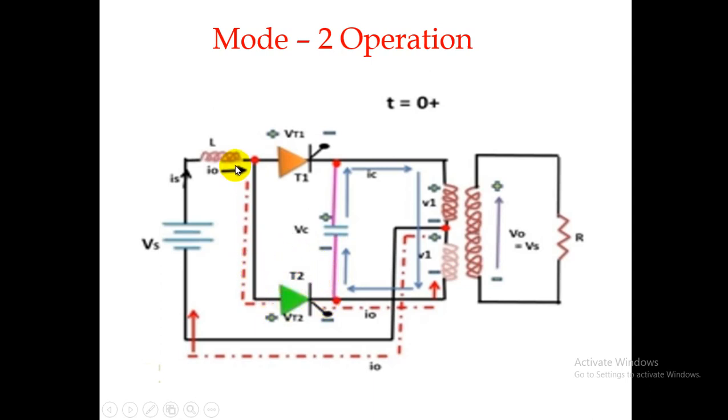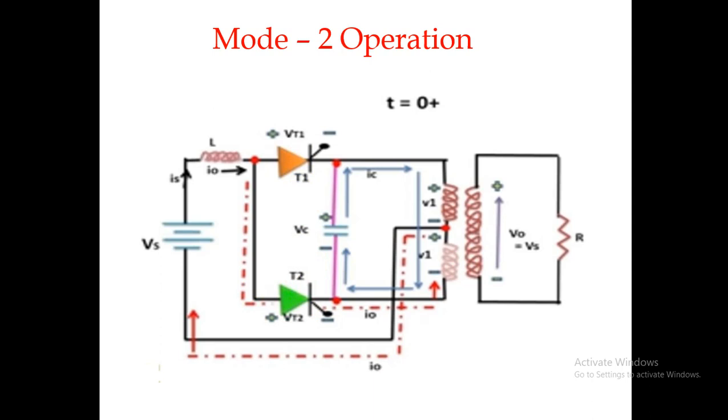Means that not only the current flowing through the thyristor T1 due to the source, when we see the polarities of the capacitor and apply the same polarities across the thyristors, we are able to understand the turn off and turn on process of the thyristors connected in the parallel inverter.